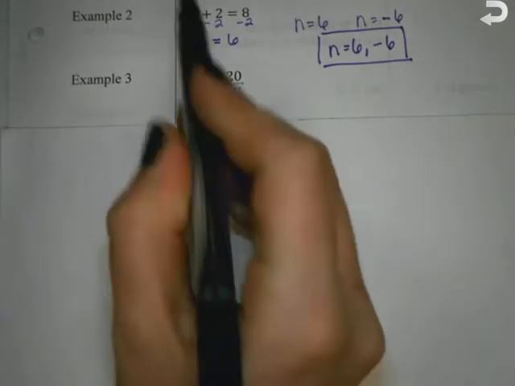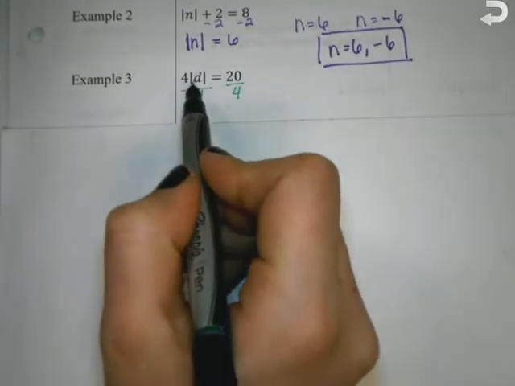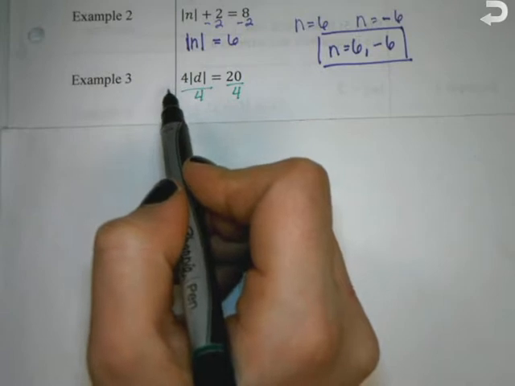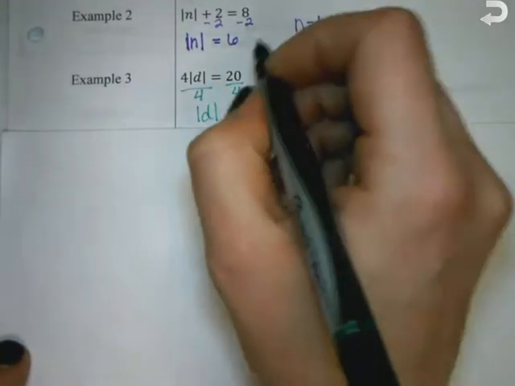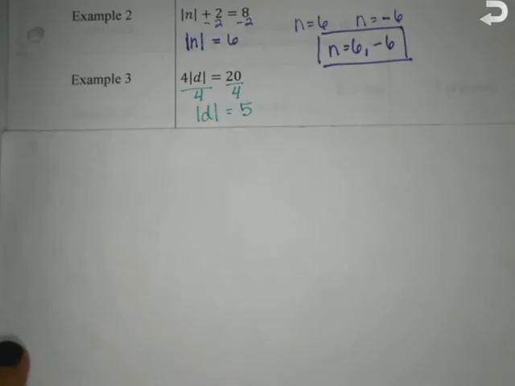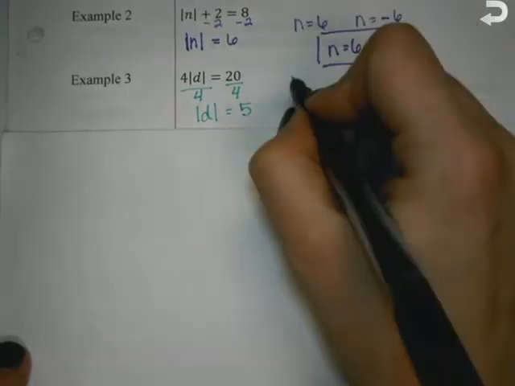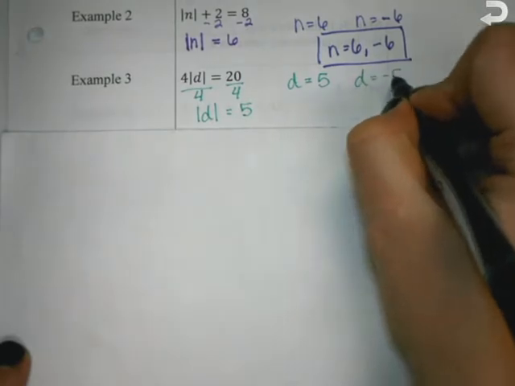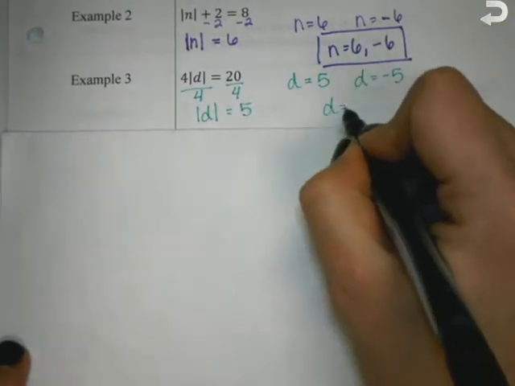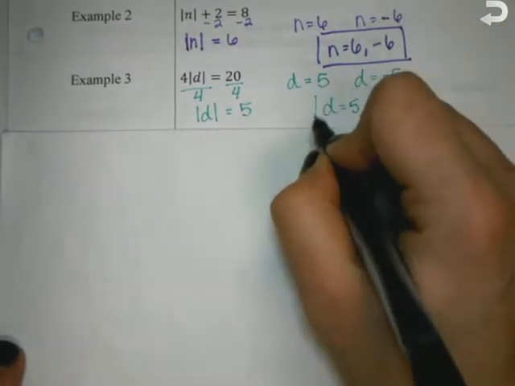Okay? So that gives me absolute value of d is equal to 5. The absolute value is by itself now, so we set the inside equal to positive 5 and negative 5. And in this case, we're done. So d equals 5 and negative 5. Does the positive argument go for the negative? It doesn't matter.